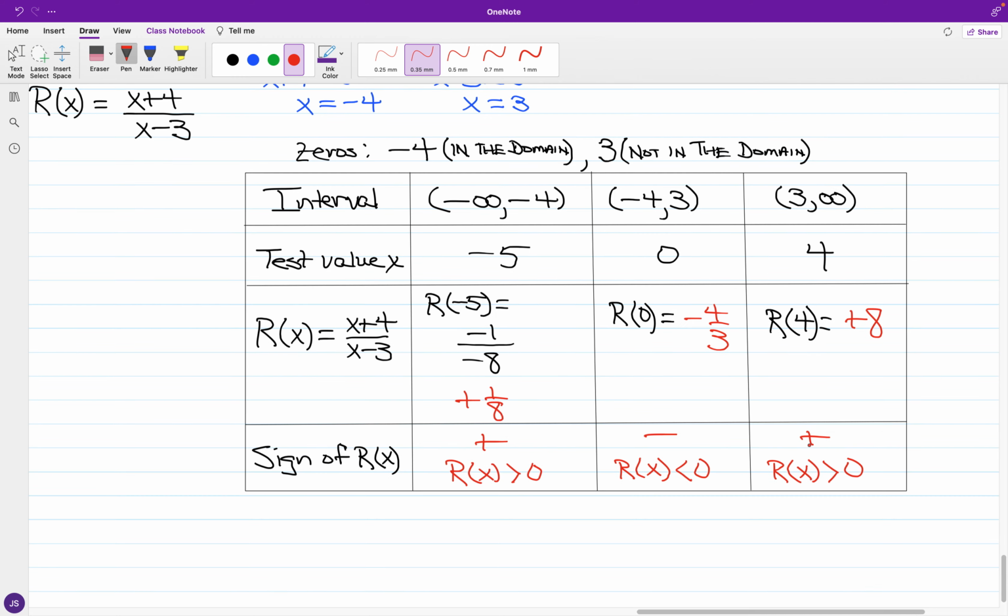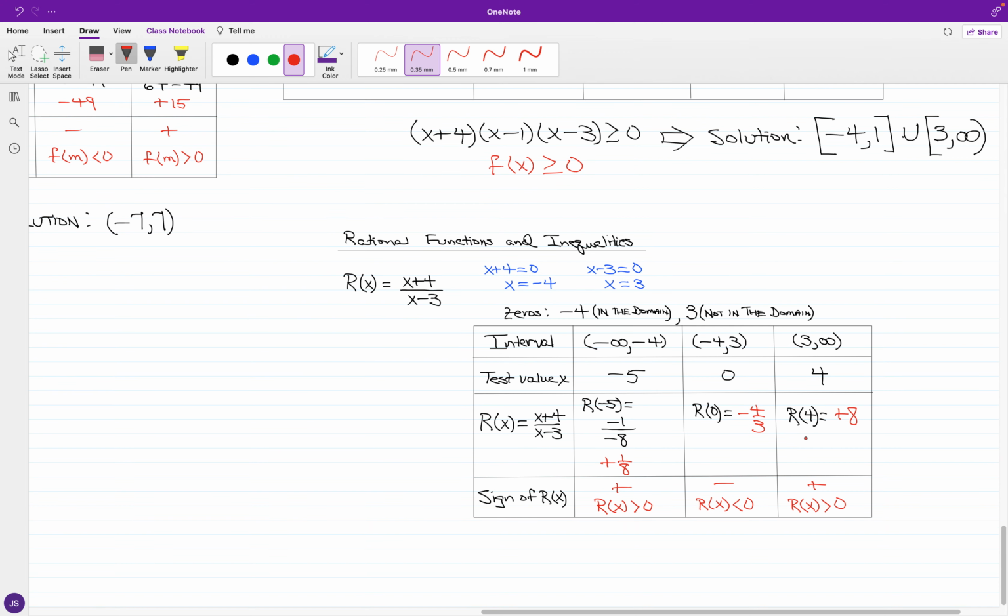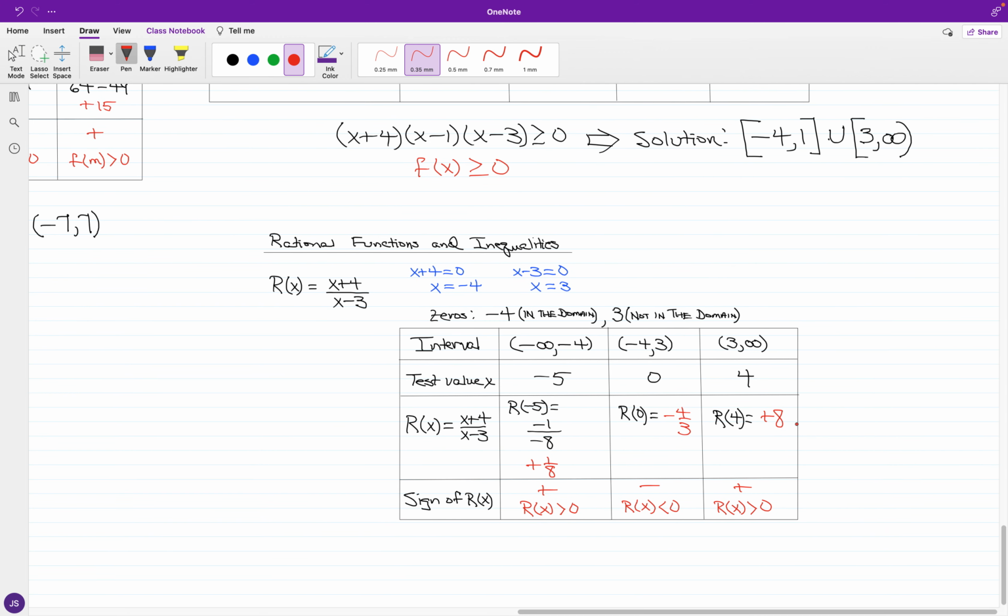Now let's say we're looking at solving the inequalities.